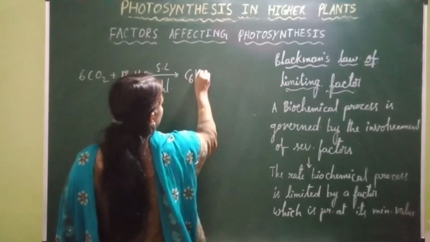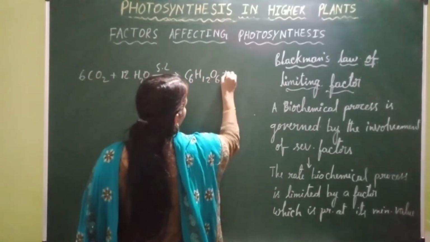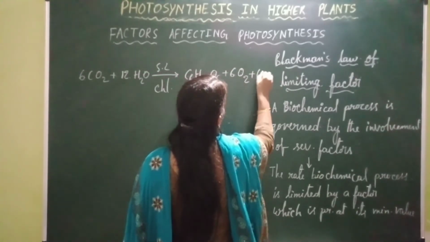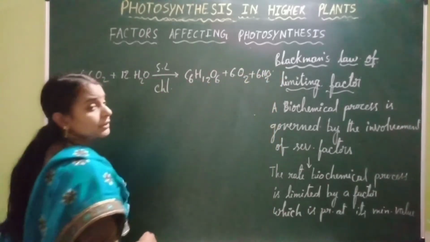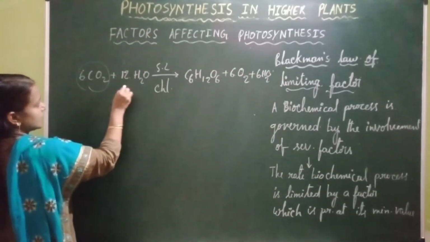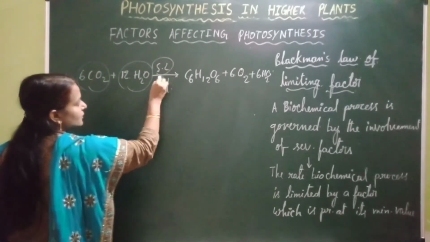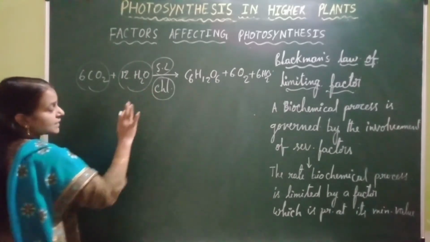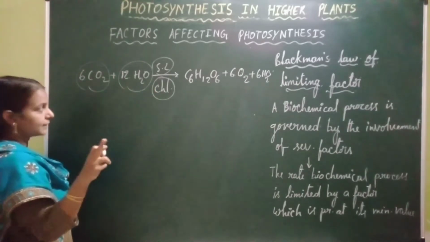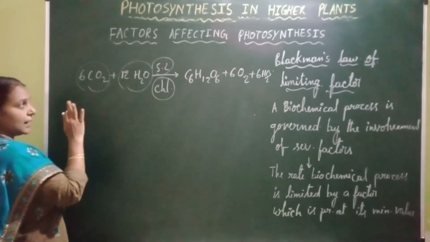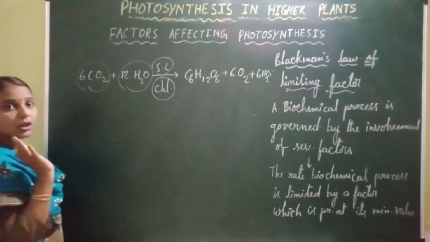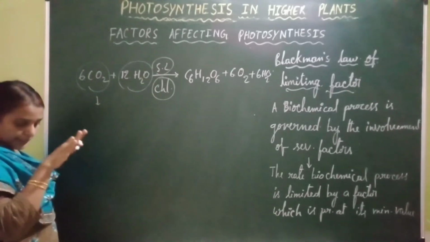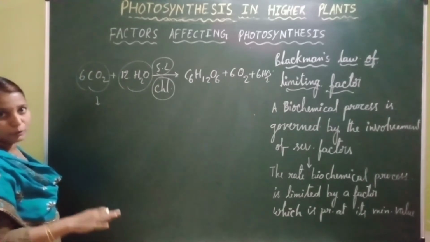In the reaction producing C6H12O6 plus 6O2 plus 6H2O, the factors are carbon dioxide, water, sunlight and chlorophyll. Suppose all the factors are present at optimal value, but one factor, whether carbon dioxide, water, sunlight or chlorophyll, is present at minimal value, at lower concentration.